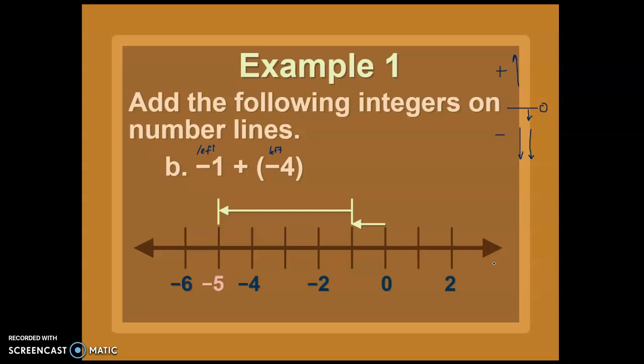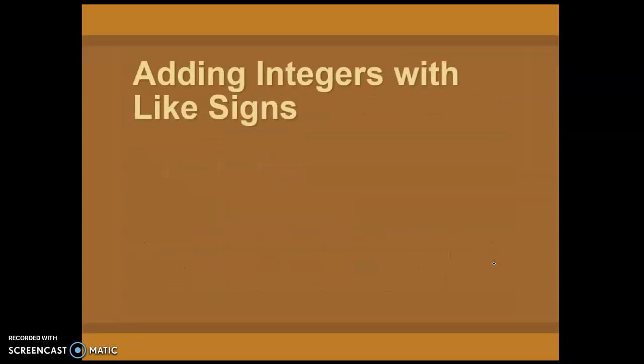So -1 and -4, or -1 combined with a -4, or -1 plus -4, a lot of different ways that you can say that, is -5. And hopefully you notice it's just the same as 1 plus 4, but now because we're combining two negatives, we get a negative answer, which leads us to our first helpful tip.